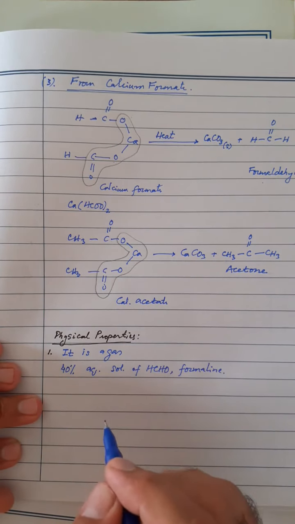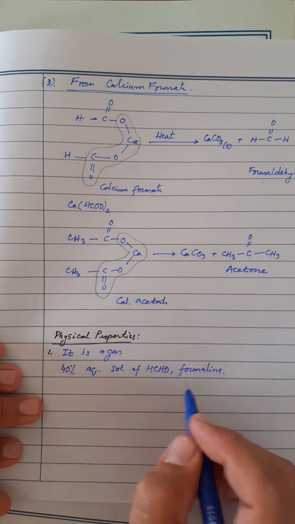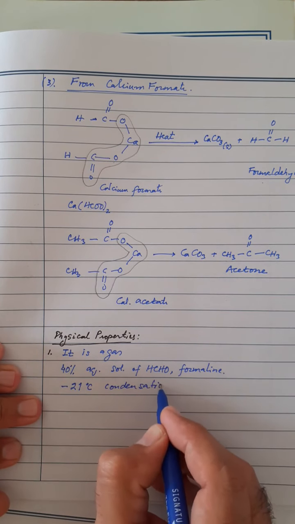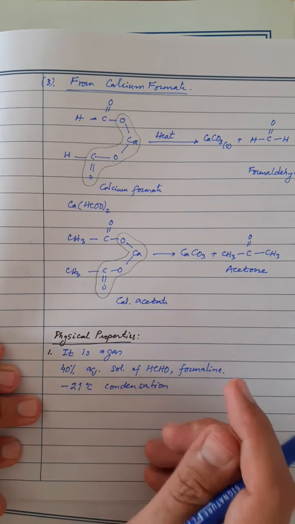All right, this gas will condense to liquid at minus 21 degrees C. That's the point of condensation of this gas. Very strongly soluble in water. That's why. How much soluble in water? 40%.